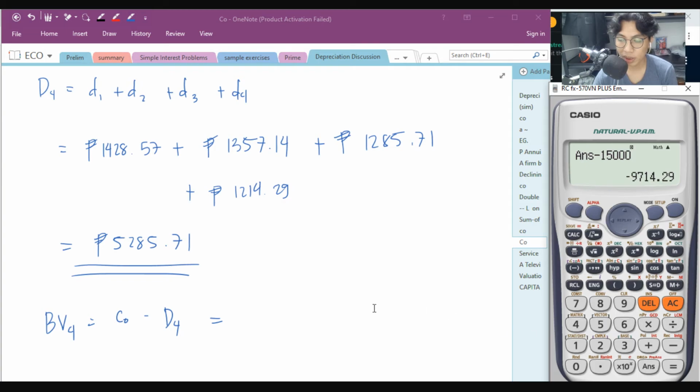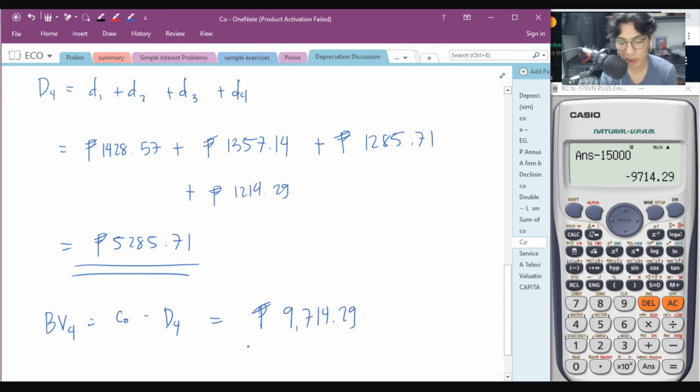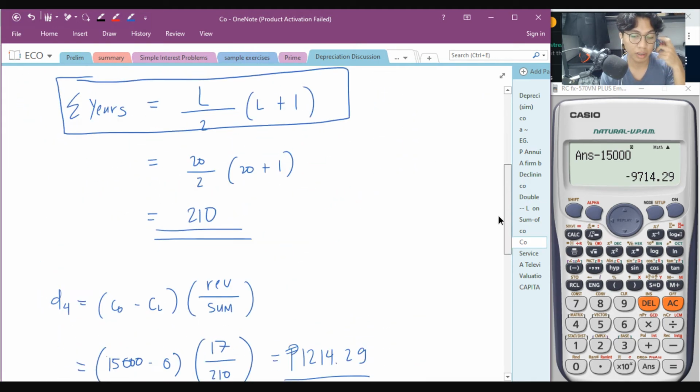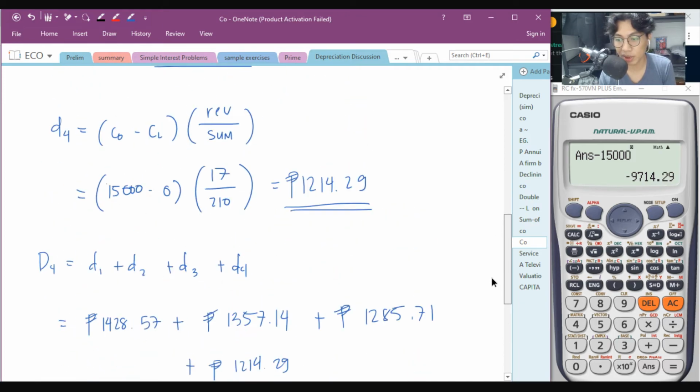The value is 9,714.29. That is the book value after 4 years. That's how easy the sum of the year's digits is.